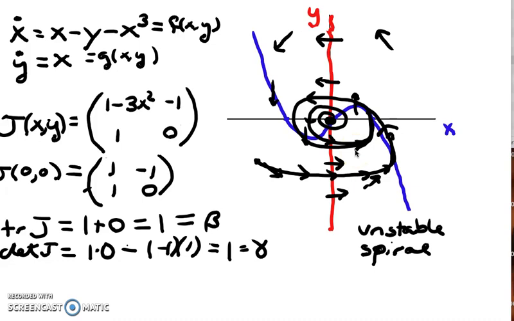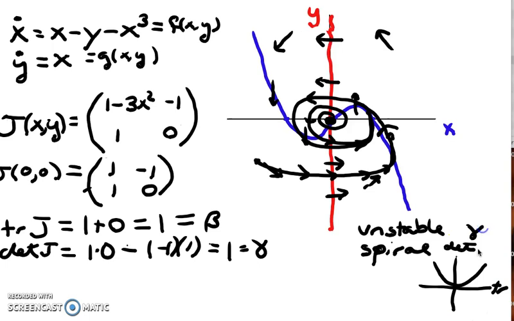And just one more thing. I find this final determination of whether this was a spiral or a node, I think it's most intuitive to think of the trace determinant plane with this parabola. Since this is the determinant on the horizontal axis and this is the trace on the vertical axis.